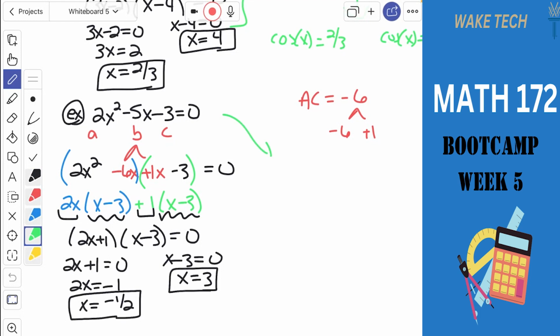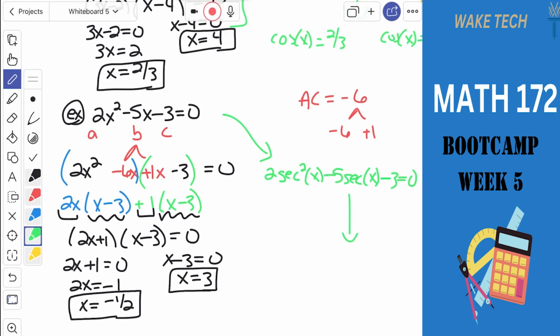A comparable equation from this week in 172 would be 2 secant squared x minus 5 secant x minus 3 is 0. We'll use another function.